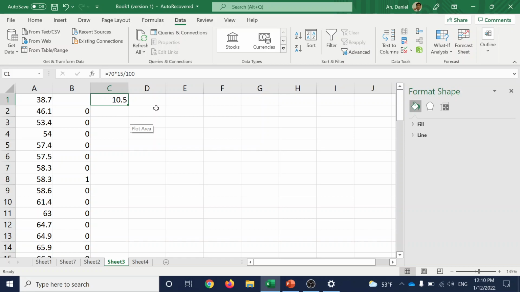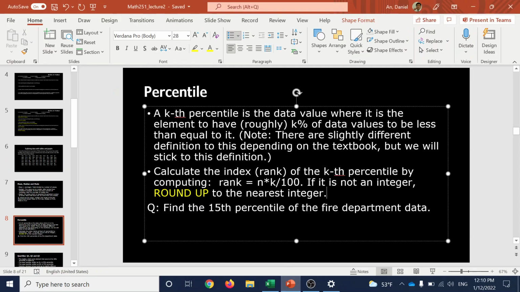So rounding up, you get 11. So what do you do with the 11? You look at the 11th number. So it's 63, right? So 63 seconds of turnout time for the fire department is the 15th percentile. That's what it means.